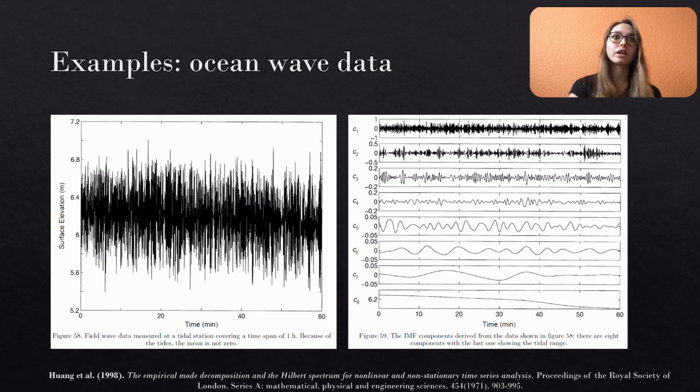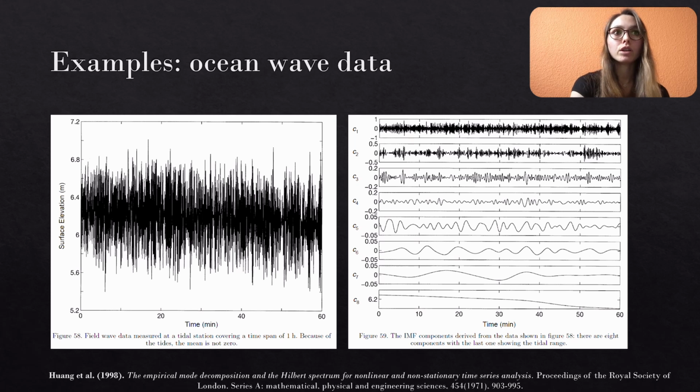This means that we can look at an energy-frequency time distribution, which is usually referred to as the Hilbert spectrum or the Hilbert energy spectrum. If you're not familiar with the Hilbert transform and the Hilbert spectrum, and you'd like me to do a detailed video about this topic, then let me know.